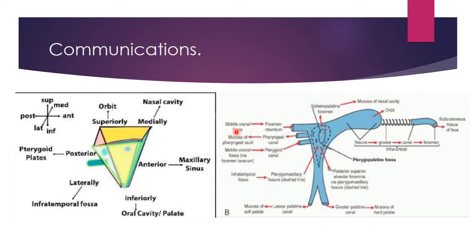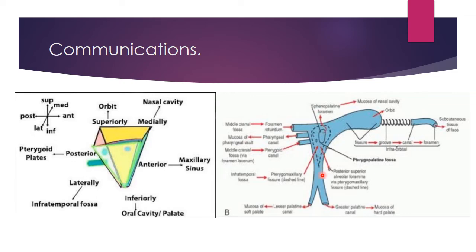The pterygopalatine fossa acts as a conduit for neurovascular structures, so it has communications with various structures. It communicates with the orbit through the inferior orbital fissure. It communicates posteriorly through the foramen rotundum with the middle cranial fossa, through the palatovaginal canal with the pharynx, and through the pterygoid canal with the foramen lacerum.